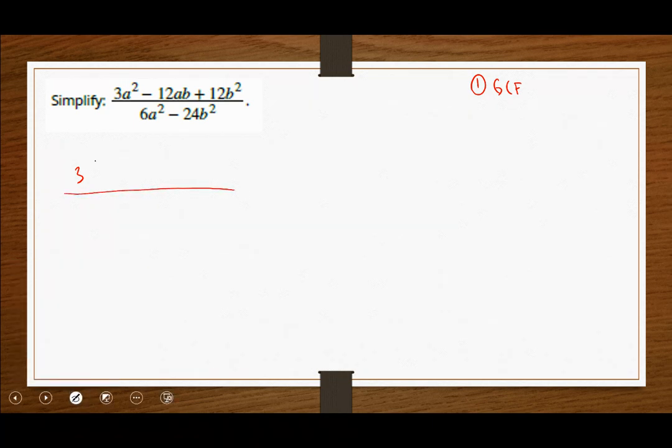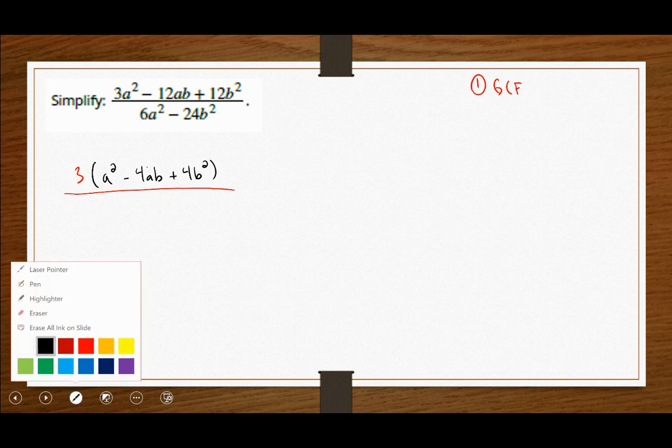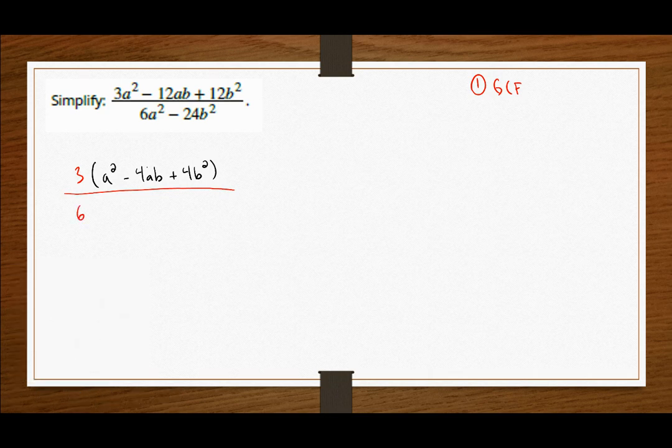If I remove a 3, my expression looks like a squared minus 4ab plus 4b squared. In the denominator, my two terms have a 6 in common. That can be removed, and the leftover expression would read a squared minus 4b squared.